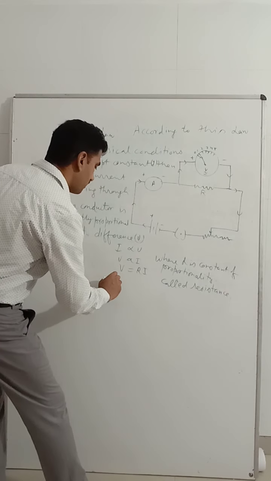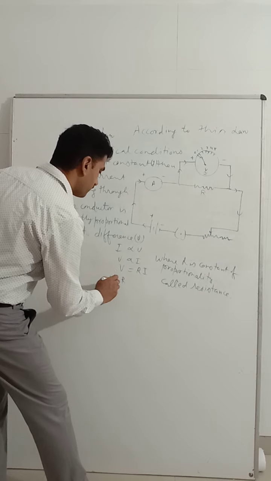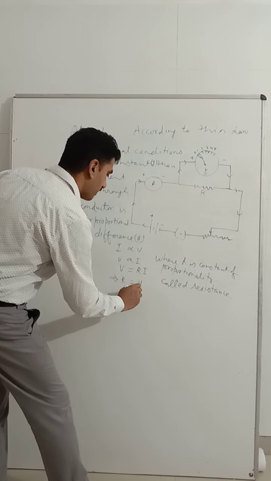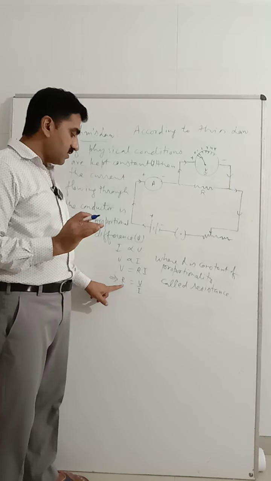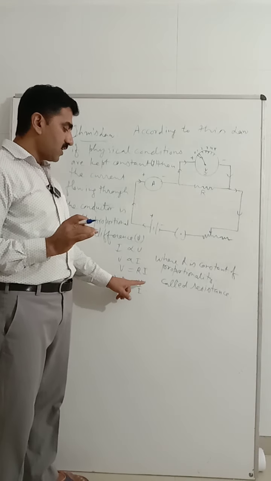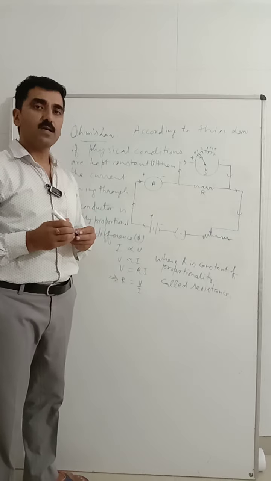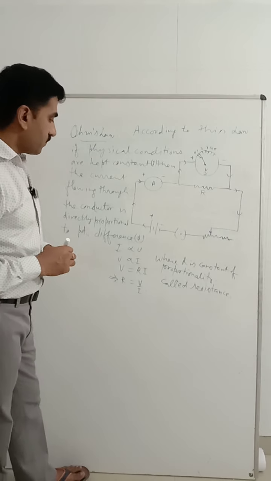Which implies R is equal to V upon I. So from here we can define resistance: resistance is potential difference per unit current.